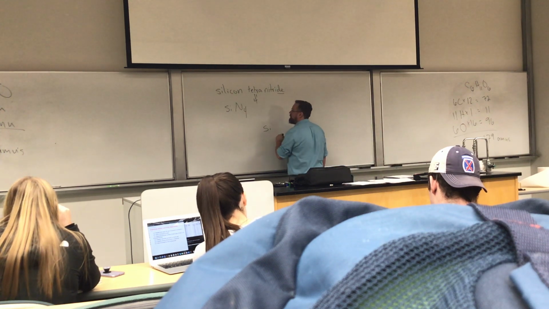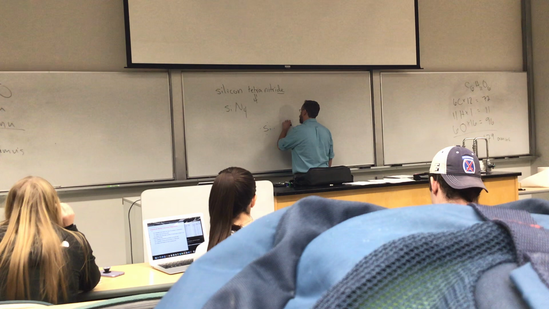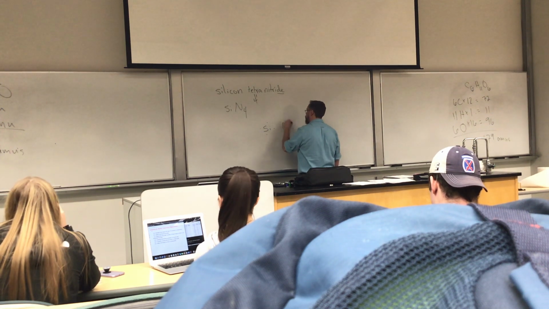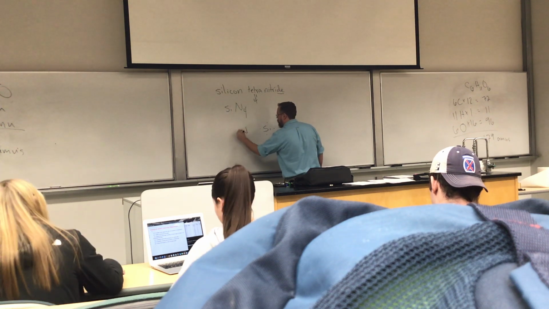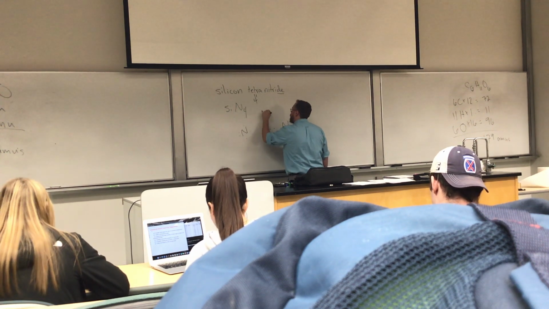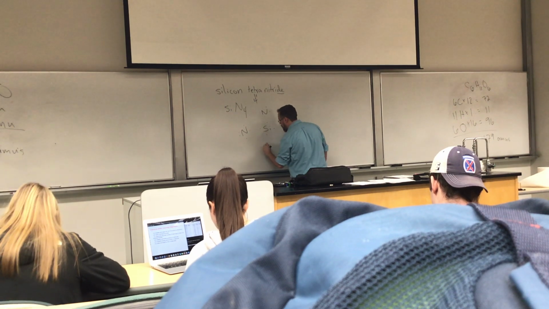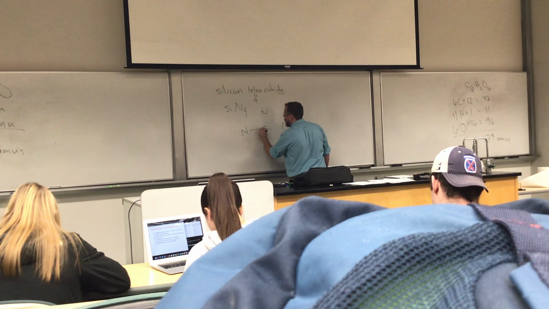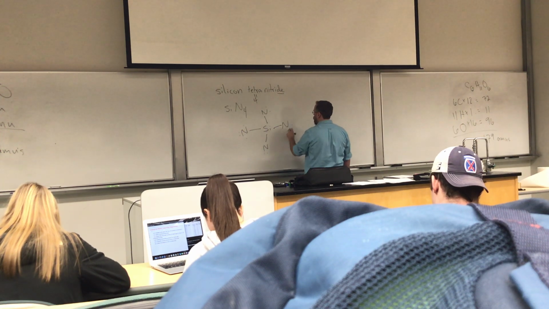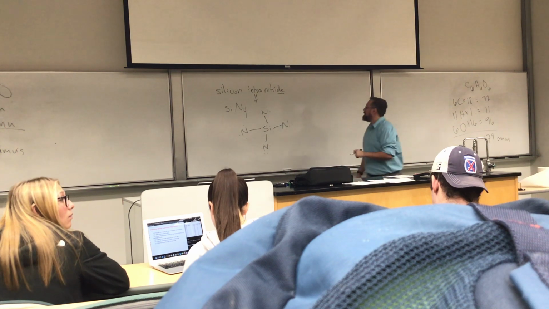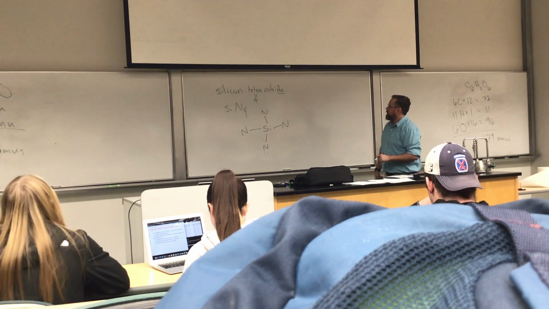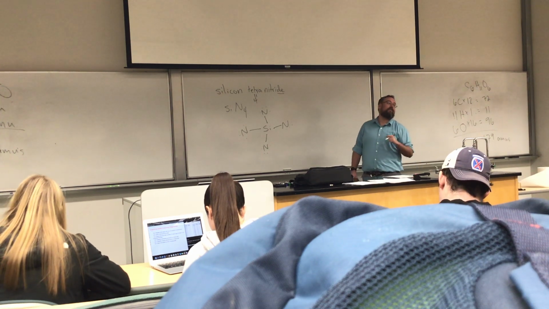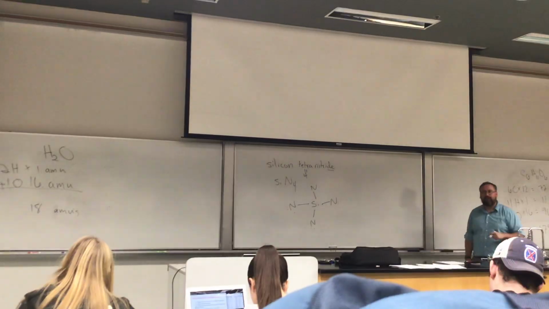If we try drawing the Lewis structure, does it make a happy Lewis structure? Remember, silicon can go into expanded octets if we need to. It's not meeting our octet rule, so I wouldn't ask us to draw a Lewis structure on this.